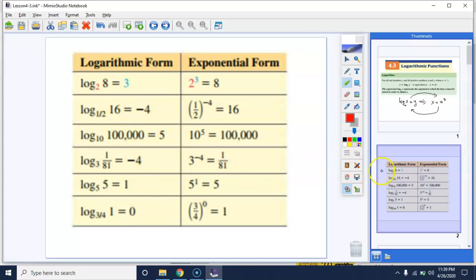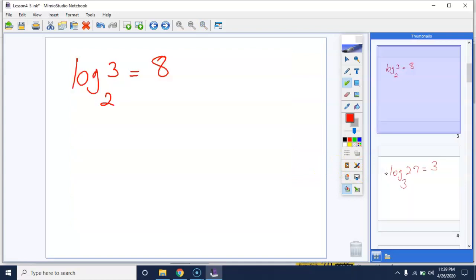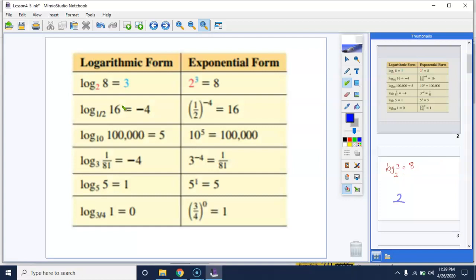You can have a look at this one, but I want to show you a few examples. Let's say on this one, logarithm base 2 of 3 equals 8. So to convert to exponential, still base, right? Oops, there's something wrong here, my bad.